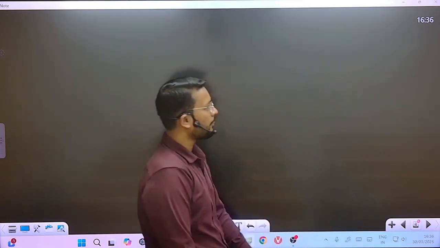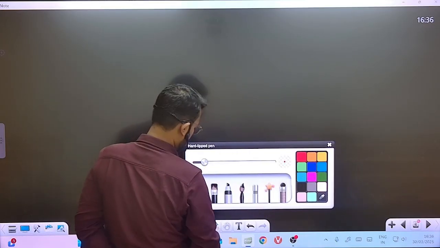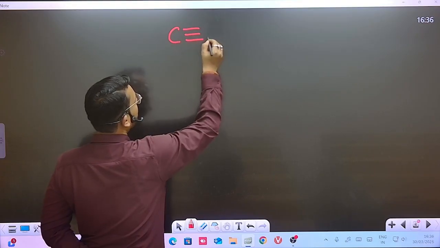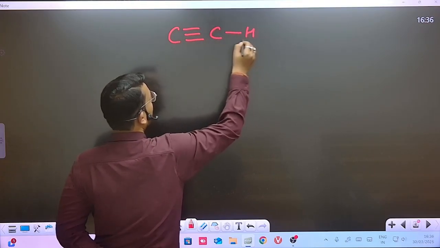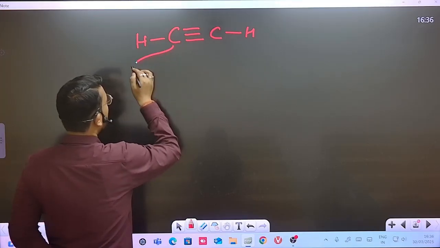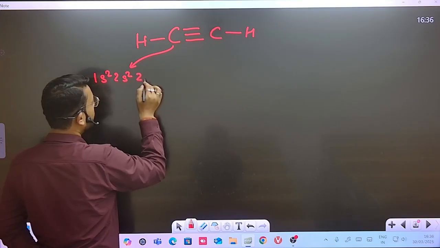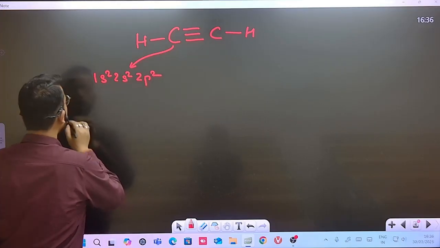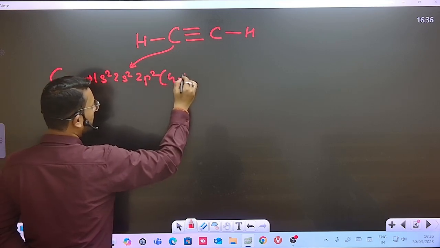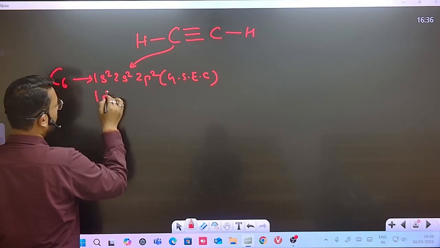Next, last, hybridization in alkyne, which is carbon-carbon triple bond. So if we talk about this carbon, it has electronic configuration 1s2, 2s2, 2p2 in the ground state electronic configuration, and in the excited state 1 electron will jump to 2p.